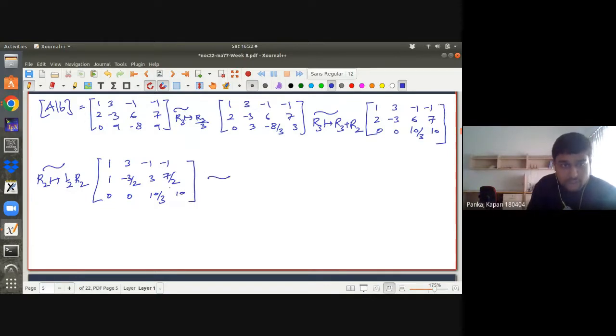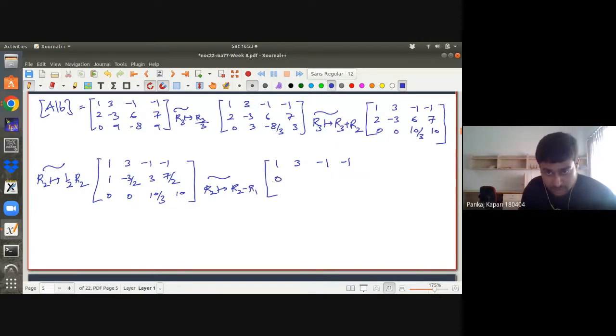Okay. Now notice that if we subtract these first two rows, then we can make this particular entry 0. So let's do that. We change R2, the second row, to R2 minus R1. So the first row will not change. If we subtract, this will become 0.